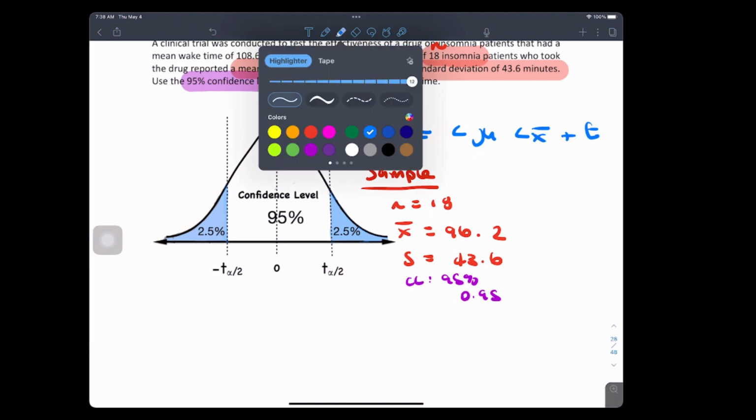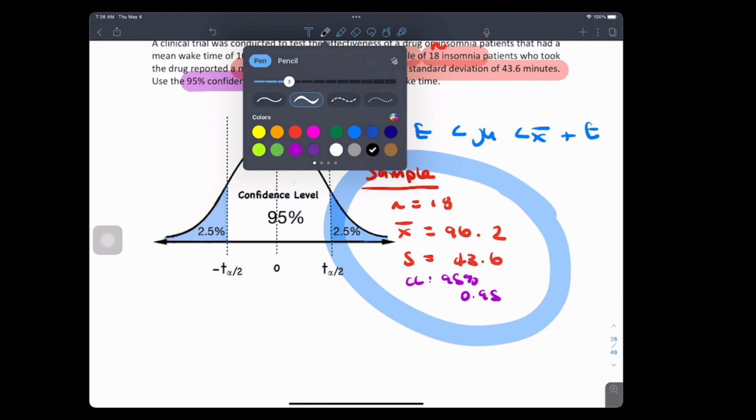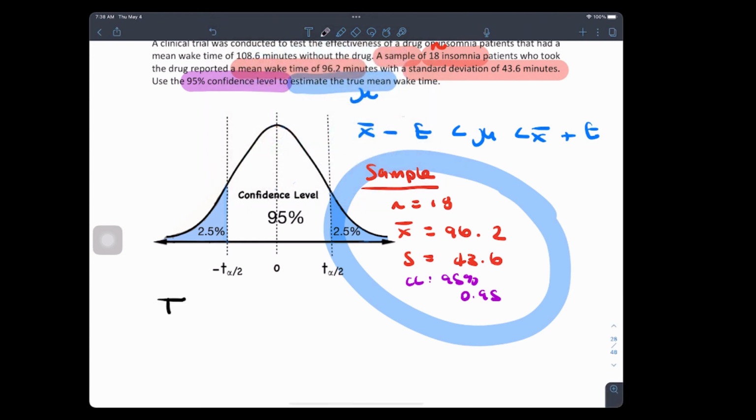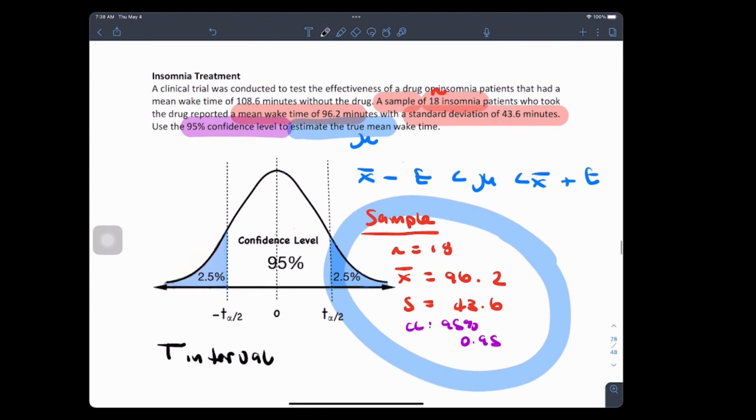What function in the TI do I use, ladies and gentlemen? We use T interval. Today's a small sample day. What do you guys think? Pretty nice? This is how some things are done scientifically.